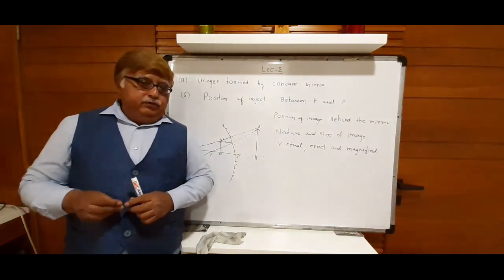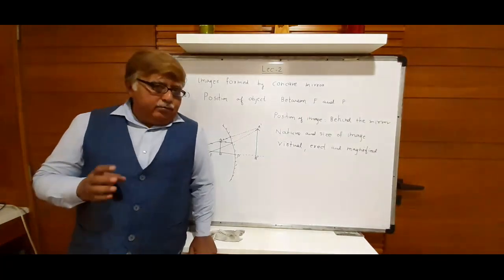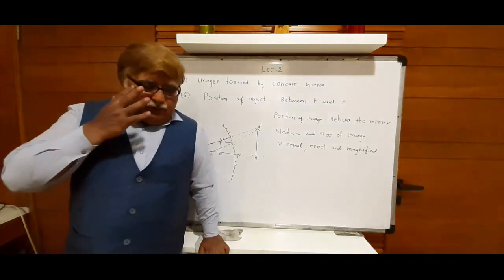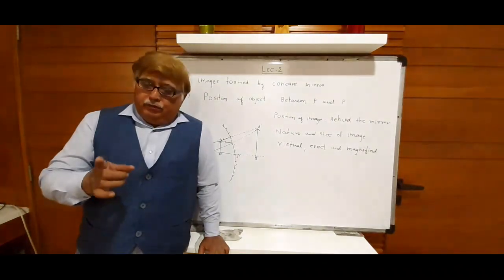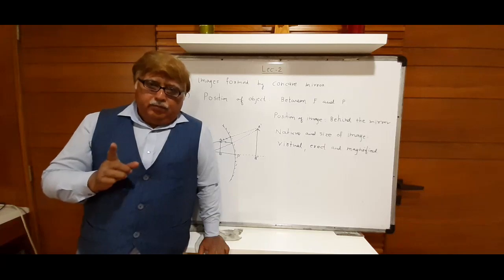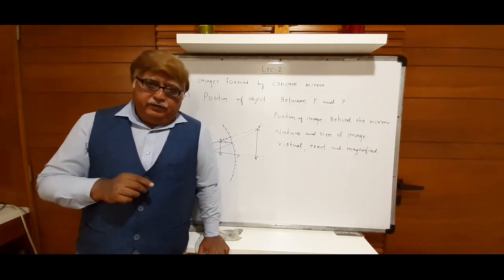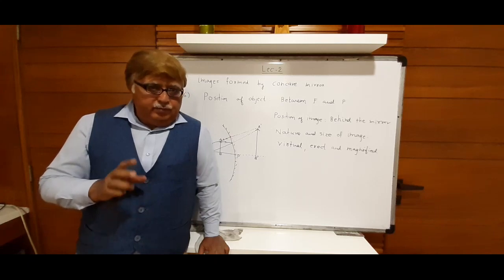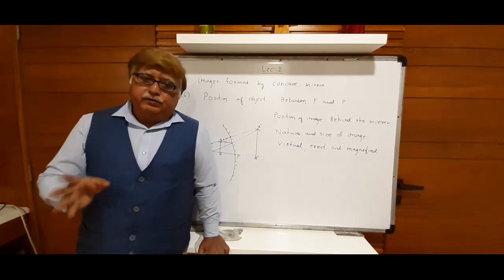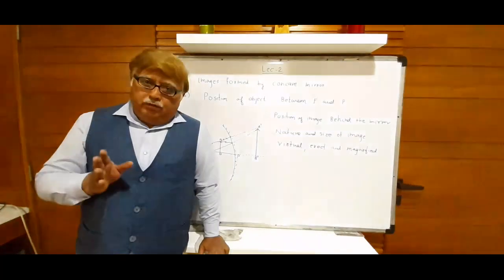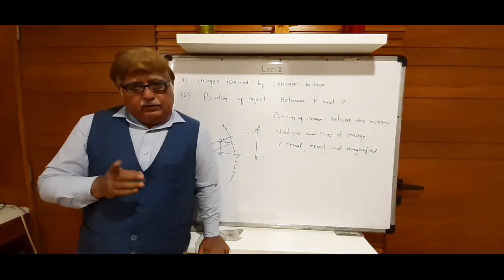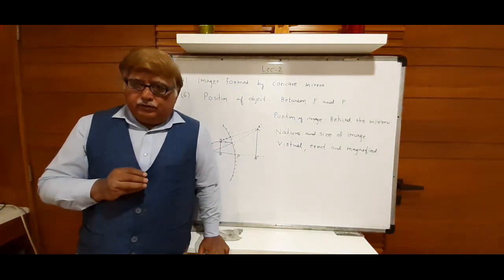Understand? Before I move to the convex mirror, let me sum up the 6 diagrams. First, see in your book: object at infinity, image real, inverted, highly diminished. Second, object away from the center of curvature, image real, inverted, smaller.